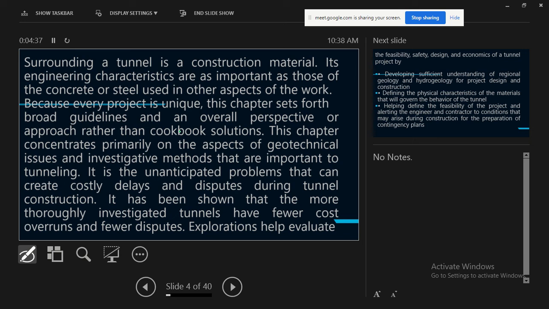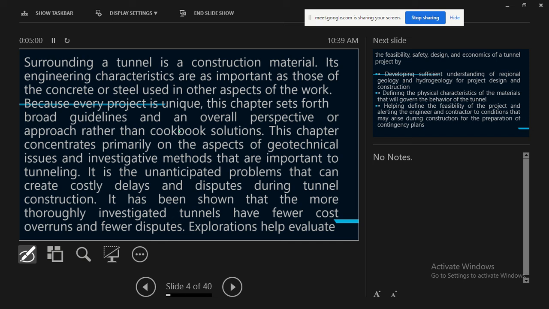Because every project is unique, in this chapter we set forth some broad guidelines and an overall perspective or approach. So this is not a cookbook, this is a pointer. We just want to equip you with the knowledge and the skill.